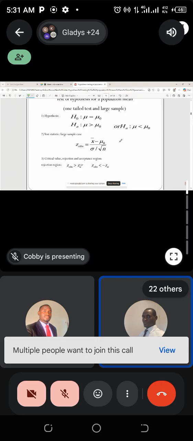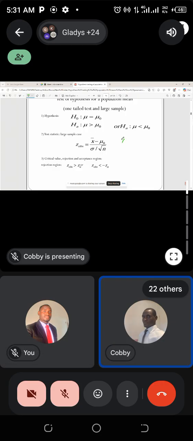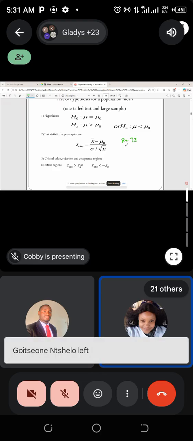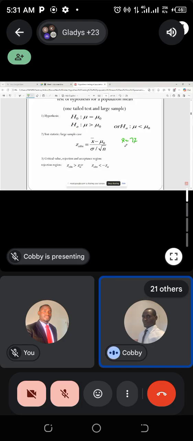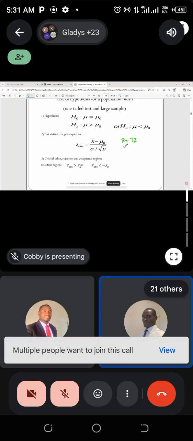So we have x. What is x? X bar is 27. Yes. The hypothesized mean we say is 30.